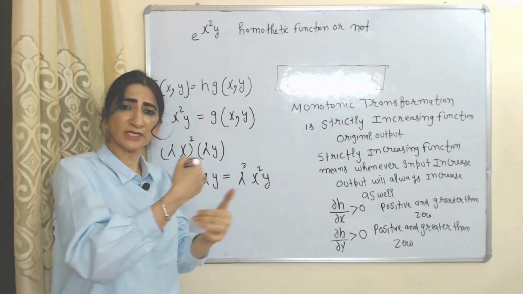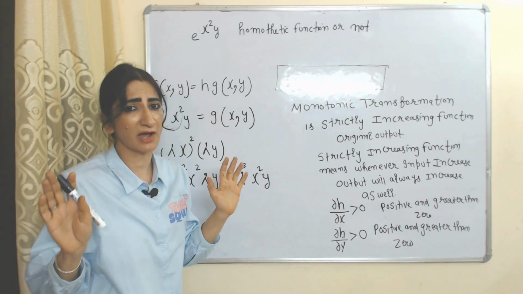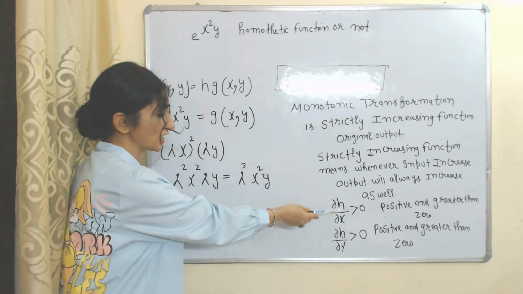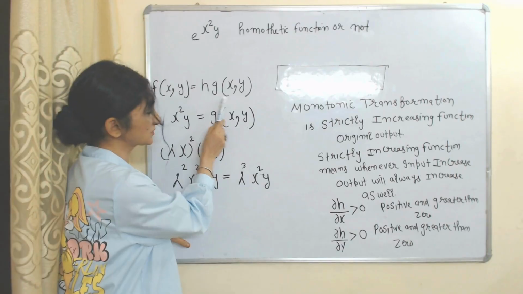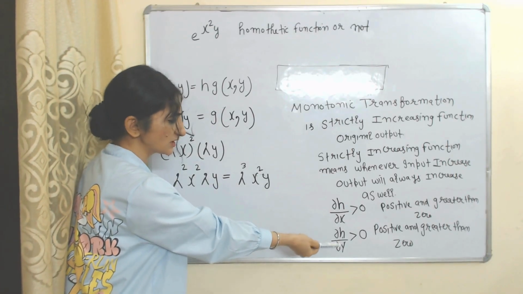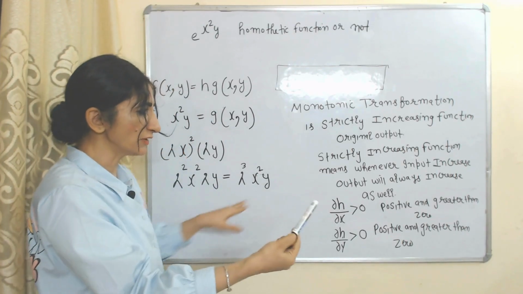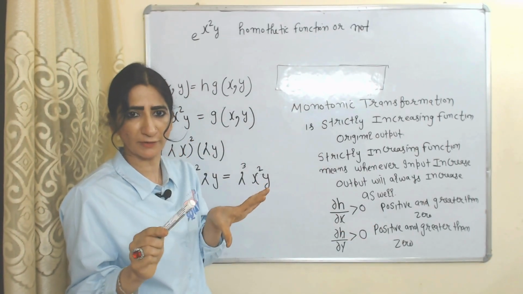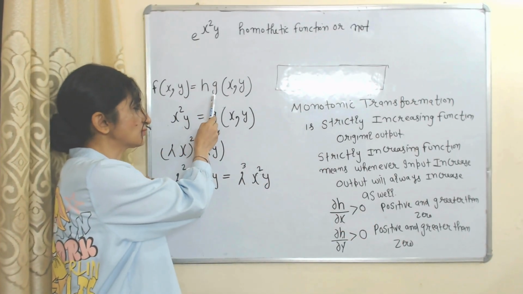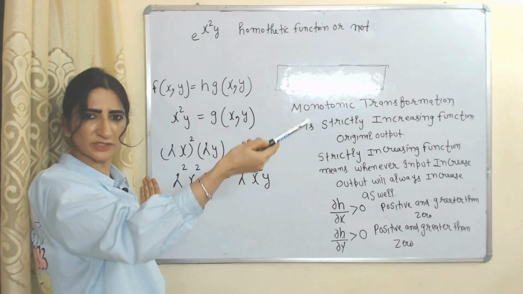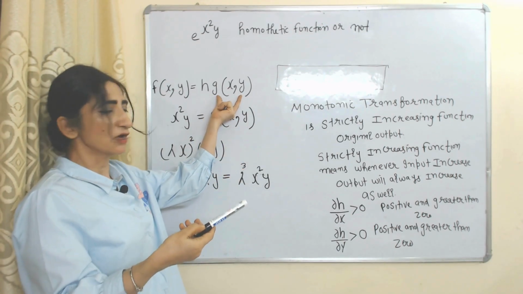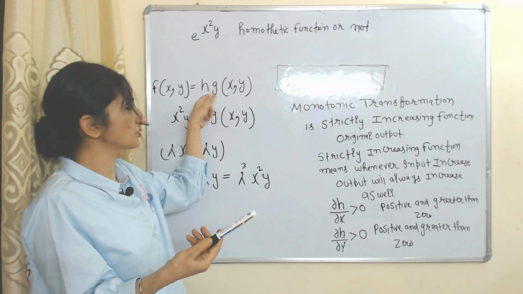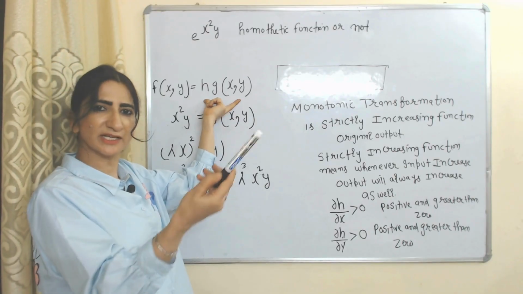That means if you increase input, then definitely your output will increase, or you can say that when you differentiate this H with respect to x or with respect to y, then the value will be positive. If all conditions are fulfilled, that means this H is a monotonic transformation of your homogeneous function. So this part is a homogeneous function and this H represents monotonic transformation and this whole represents a homothetic function.